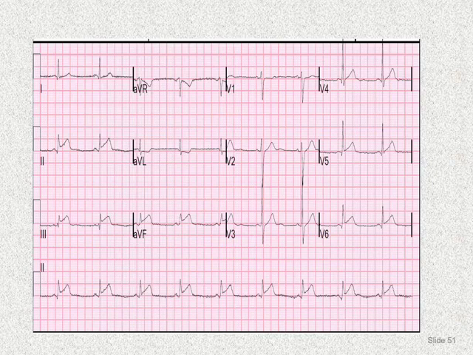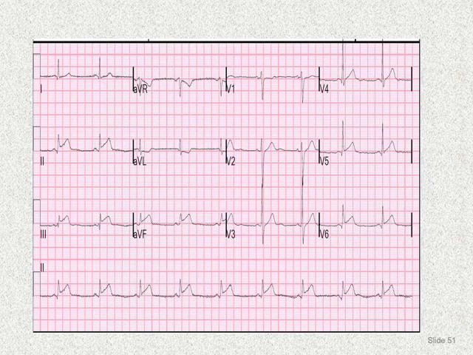No bundle branch block, QRS duration is normal. No chamber enlargement, as you see here. No atrial enlargement also. As regards data of ischemia, we have a Q wave here, lead 3. And then we have clear ST segment elevation around 2 mm, leads 2, 3, and aVF.